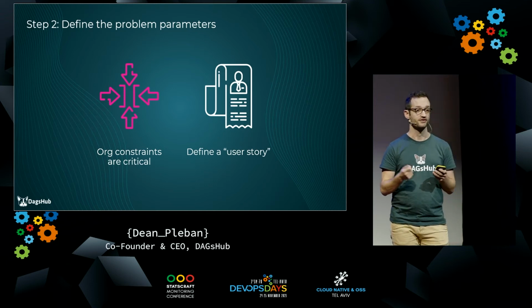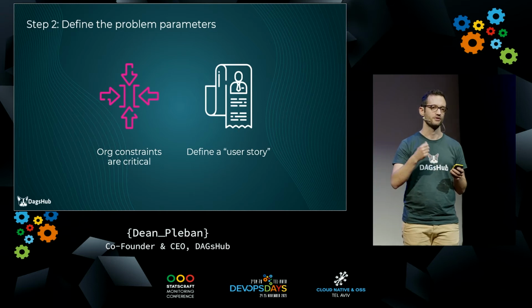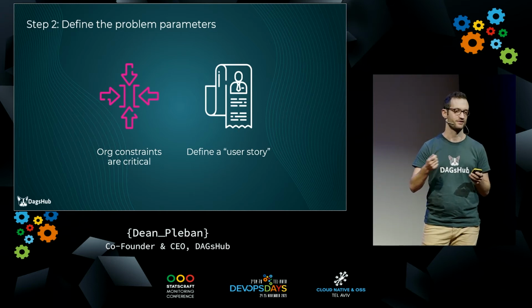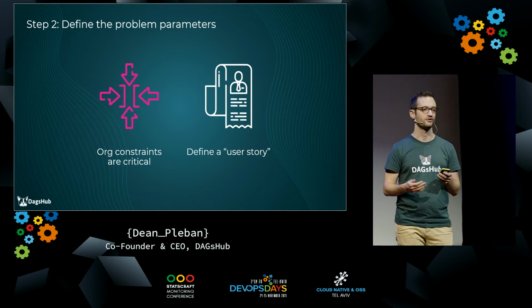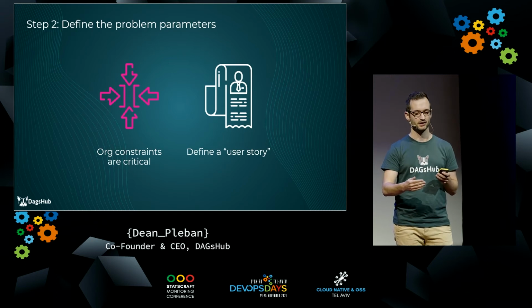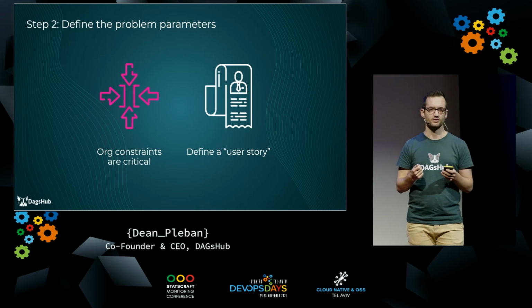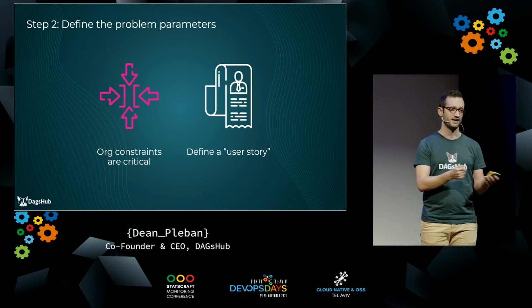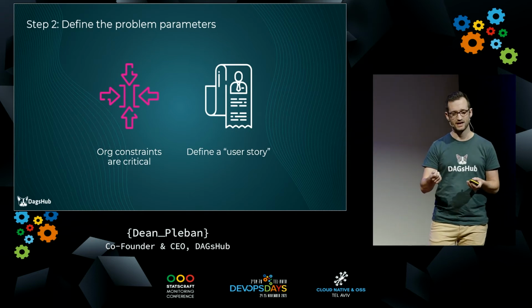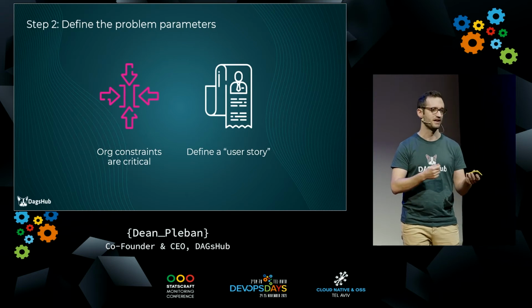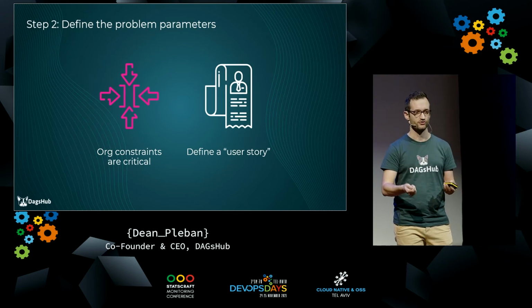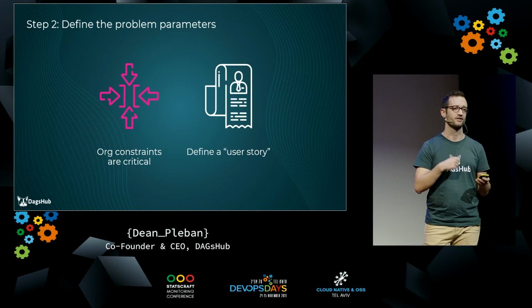This is usually going to be an internal user story or a workflow that goes through the process of using this tool or having this problem. And just to give an example, you could say, I want to version the database directly, or in some cases, you want to version the queries that the data scientists run in order to train their models. And each one, again, is going to lead to a different set of priorities and tools that you look at.